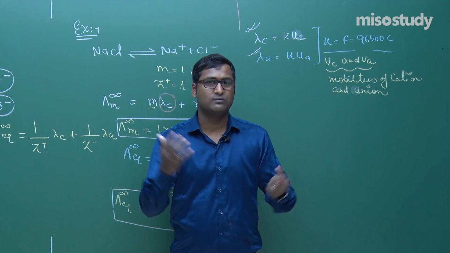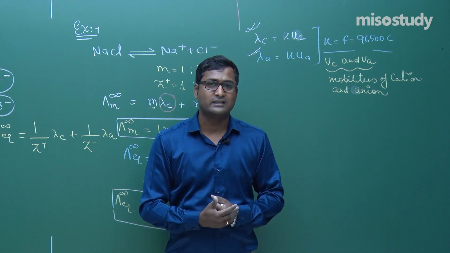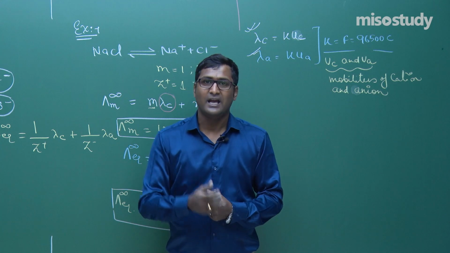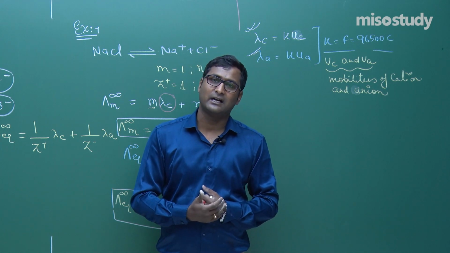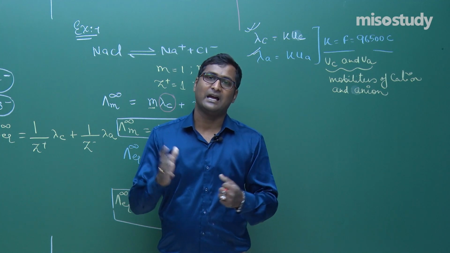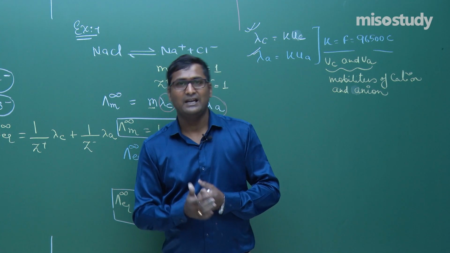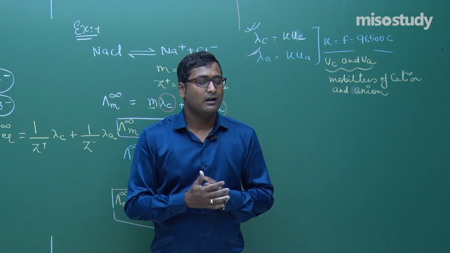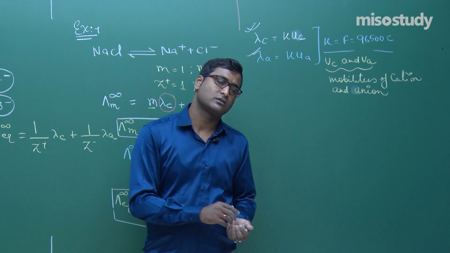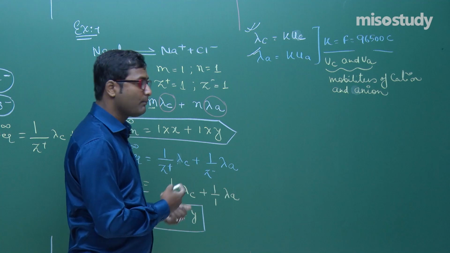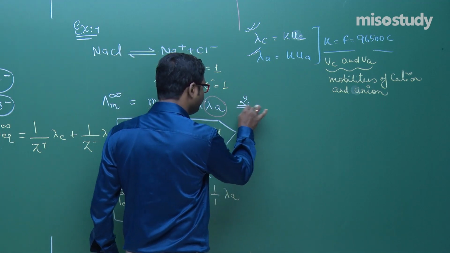So overall, the equivalent conductance or molar conductance at infinite dilution is equal to the ionic conductance of cation and anion, irrespective of the nature of the cation and anion. This is the theory, this is the statement of Kohlrausch's law. Clear, my friend?